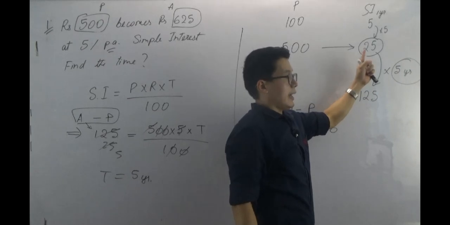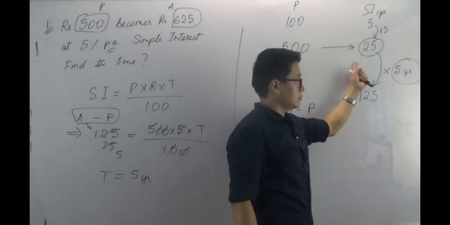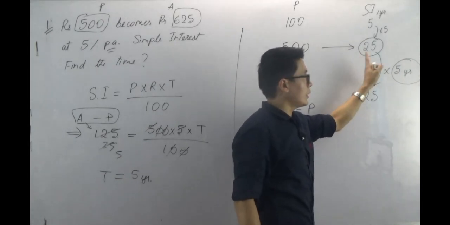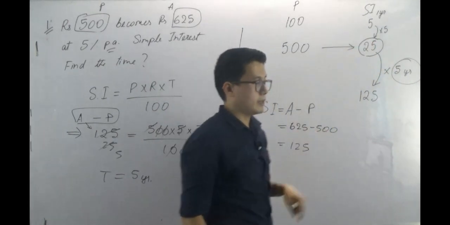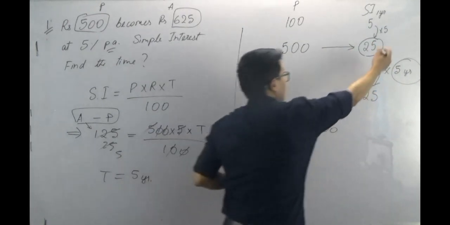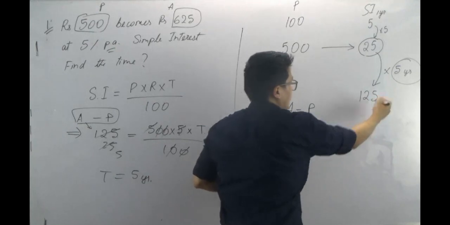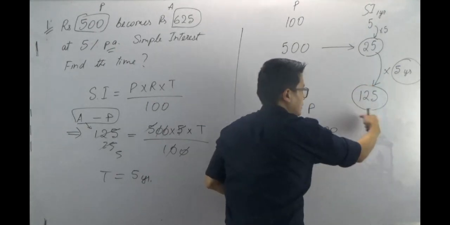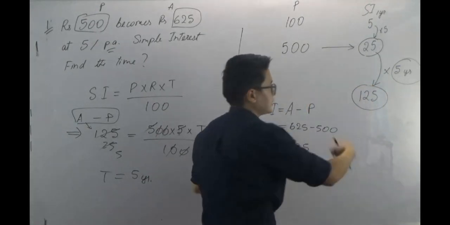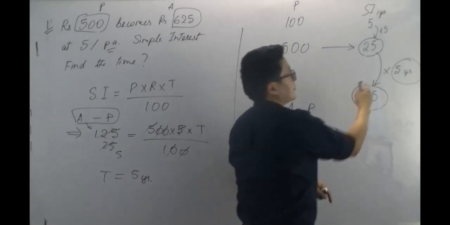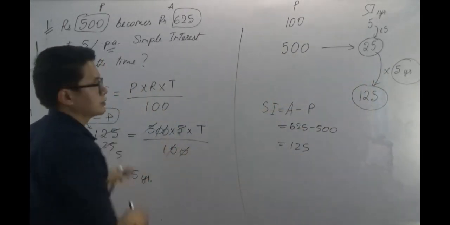So the actual simple interest for 1 year will be 25. My total interest is 125. I just have to find the multiplier.